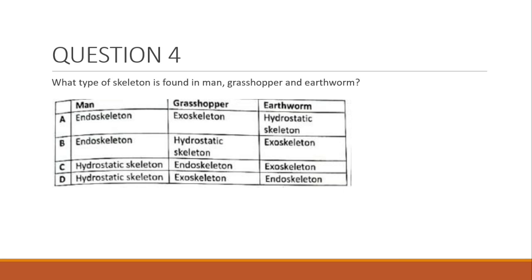B, man endoskeleton, grasshopper hydrostatic skeleton, earthworm exoskeleton. C, man hydrostatic skeleton, grasshopper endoskeleton, earthworm exoskeleton. D, man hydrostatic skeleton, grasshopper exoskeleton, earthworm endoskeleton.